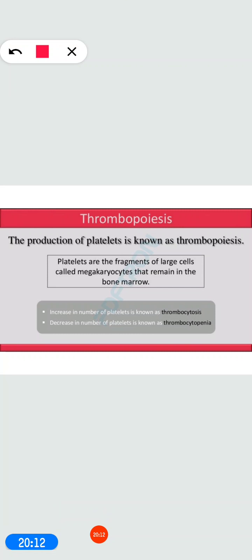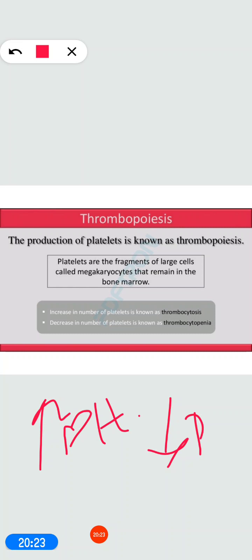Thrombocytosis is the increase in the number of platelets, and the decrease in the number of platelets is known as thrombocytopenia. This is the production of platelets.